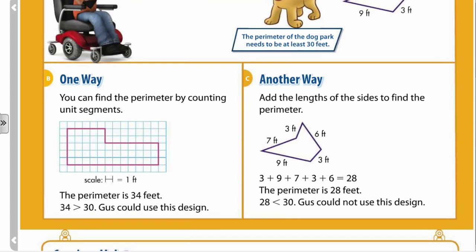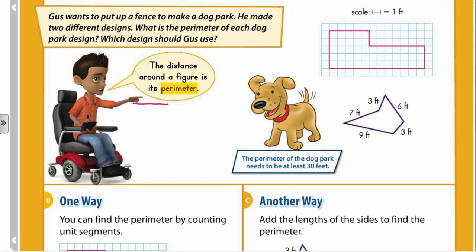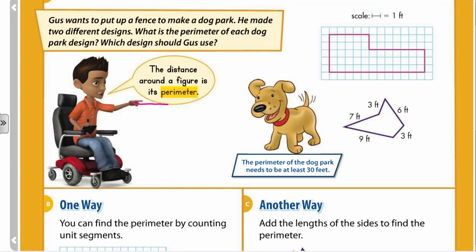Okay. So let's go down, and what we're going to do now is finding the perimeter. Remember, what do we mean by perimeter? I want someone to tell me, what's the meaning of this word? Anyone? Okay, I'll move up again here, and as you can see we have, okay, Amir, what's your answer?